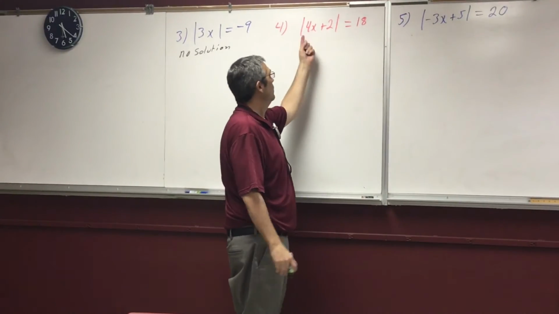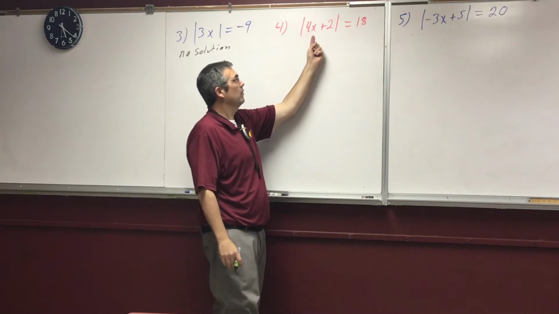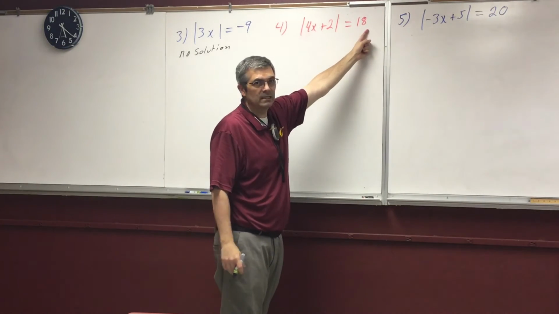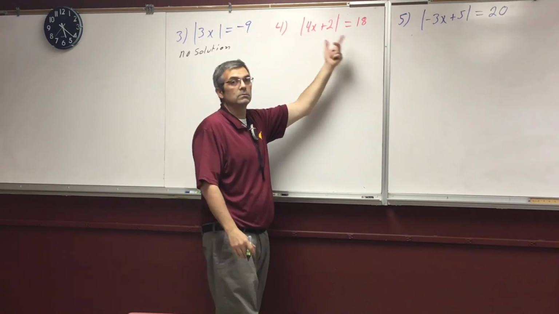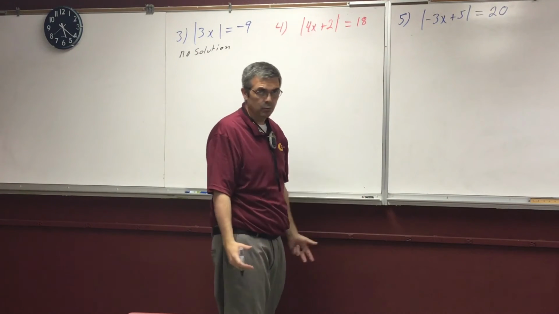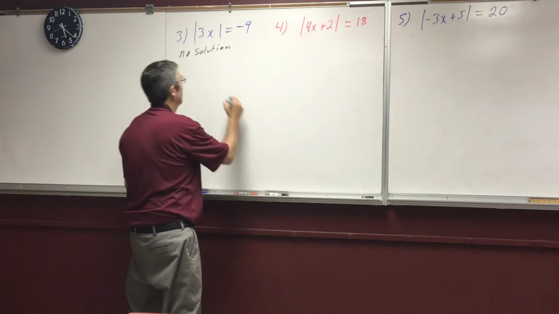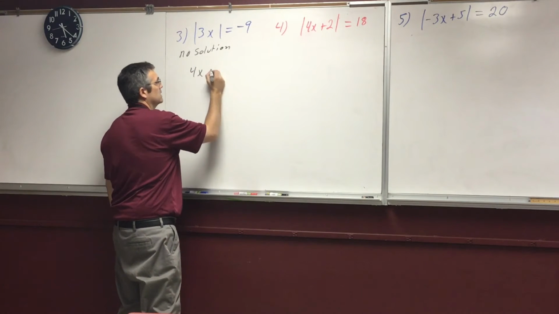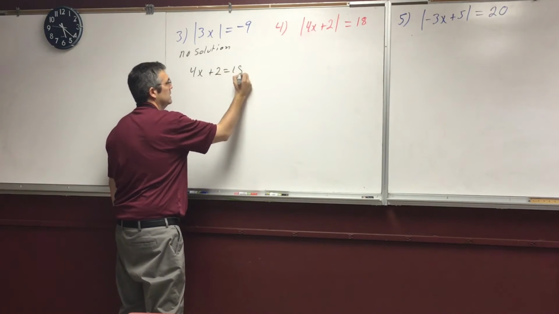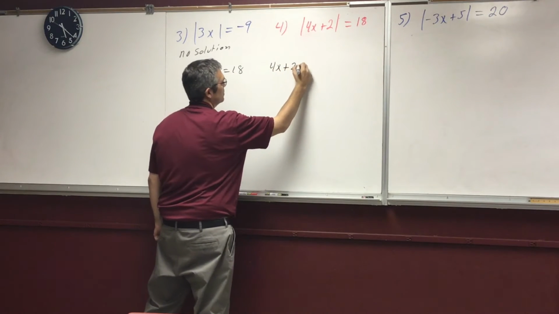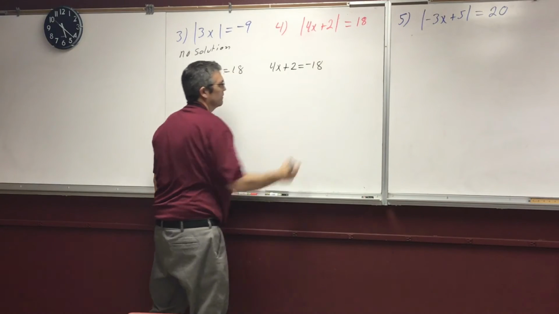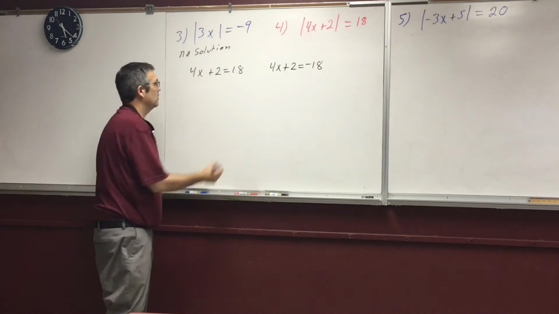But now, look here. The absolute value of 4x plus 2 equals 18. Positive 18, just the absolute value. So I'm going to have to work this. I'm going to work it twice. 4x plus 2 equals 18, and 4x plus 2 equals -18. We're going to solve.